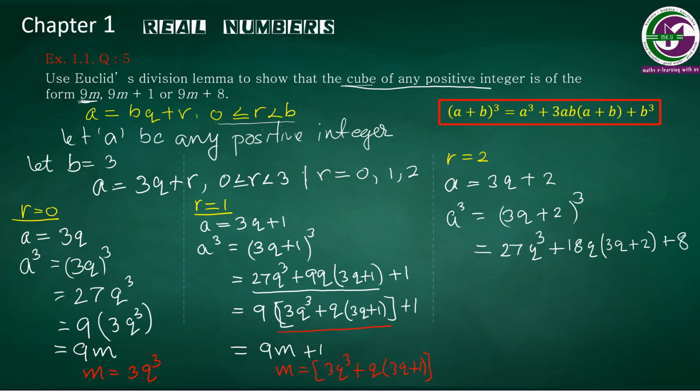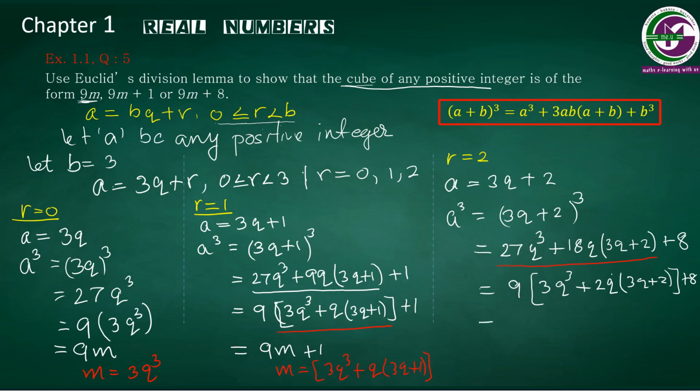Now here also we'll take 9 outside common from the first two terms. So you will get 9 times 3q cube plus 2 times q times 3q plus 2, plus 8.